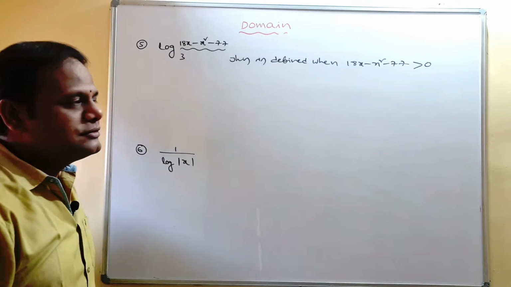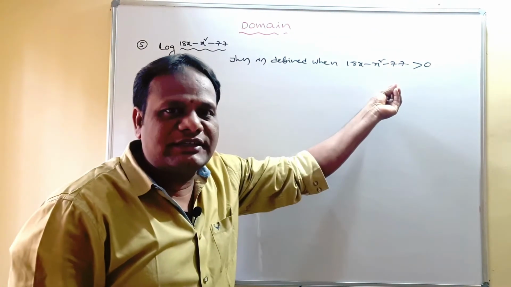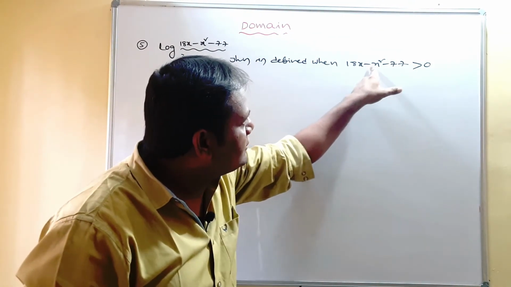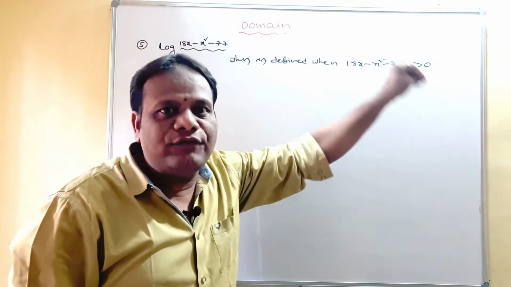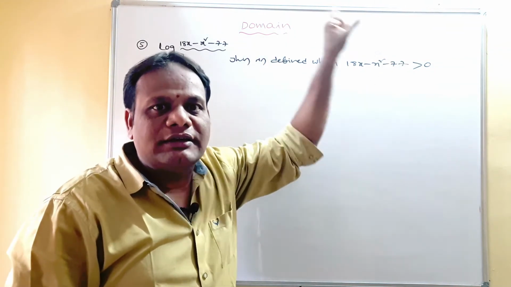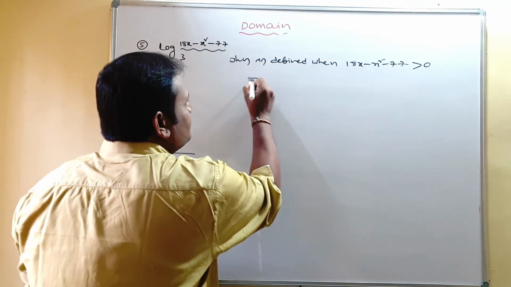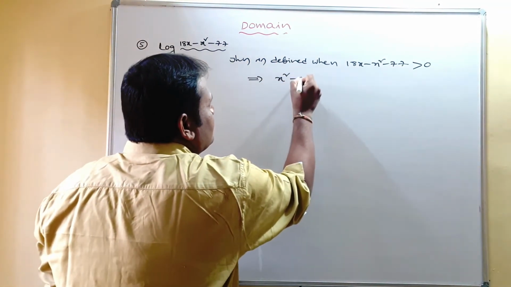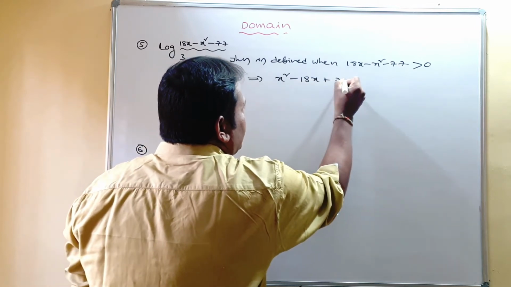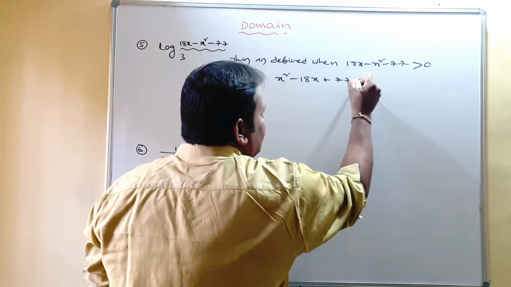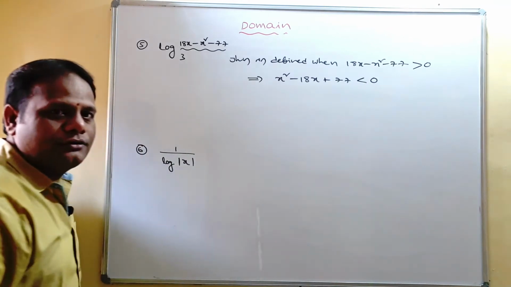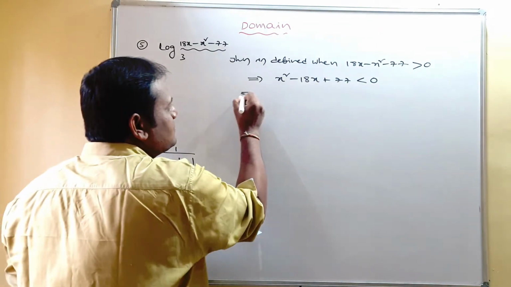So to do the simplification, first you multiply with the minus sign. If you multiply with a negative sign, the inequation sign changes. So what we get is x square minus 18x plus 77, and the greater than becomes less than 0. Now do the simplification.